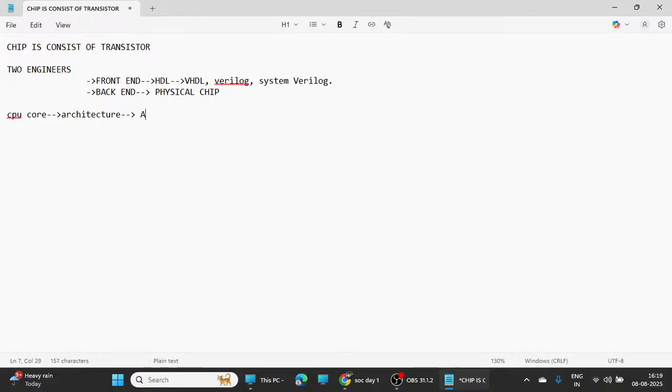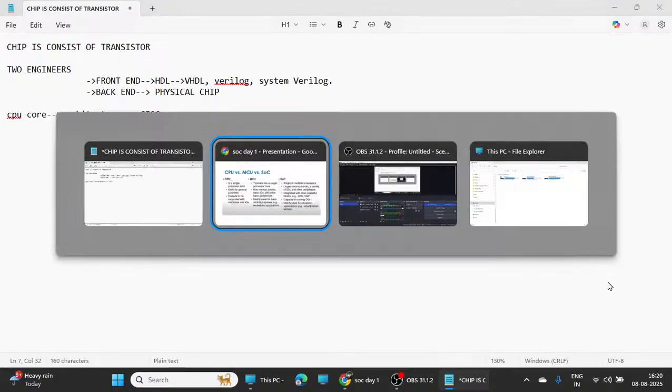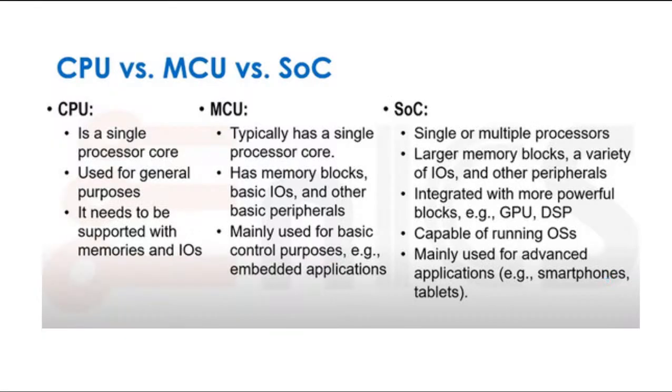We can divide microprocessors into two categories, RISC and CISC: reduced instruction set computer and complex instruction set computer. Mostly CPUs are CISC.